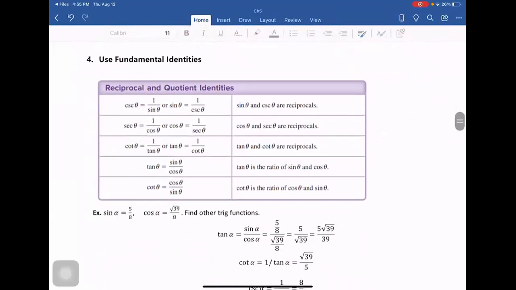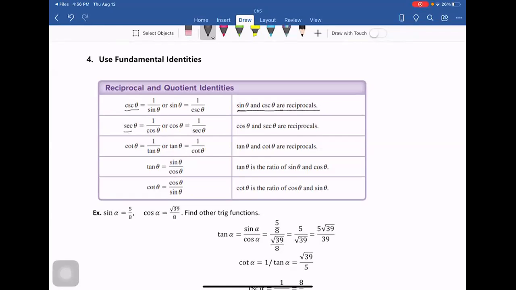Okay, let's move on. Use the fundamental identities. That's just the reciprocal and the quotient identities. Cosecant theta equals 1 over sine theta, or sine theta equals 1 over cosecant theta. So sine theta and cosecant theta are reciprocals.